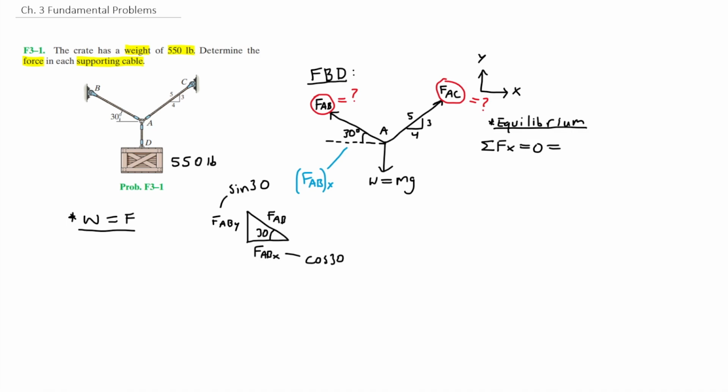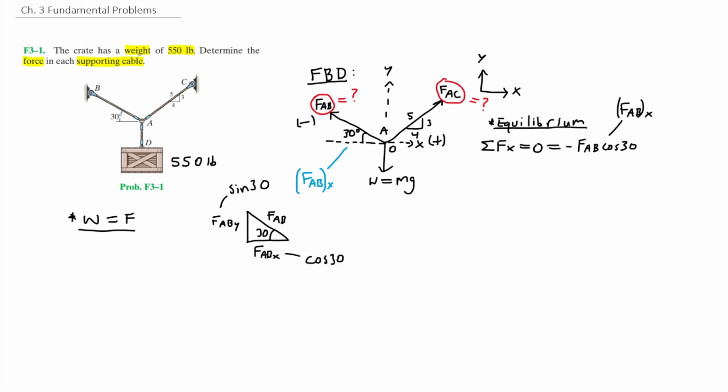So FABX is simply FAB cosine 30. Since part of FAB points in the negative x direction, the x component is negative FAB cosine 30. In accordance with our coordinate system, FAB points in the negative x direction. Here I'm just adding in the y-axis and the x.